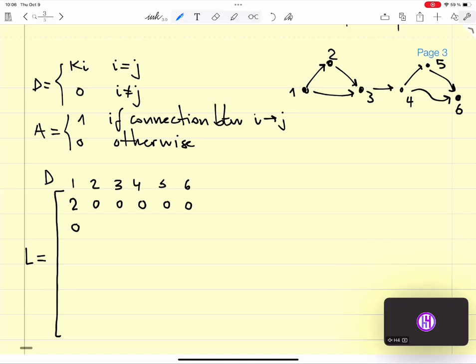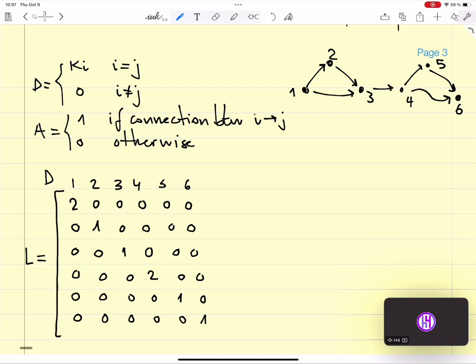How many neighbors does node 2 have? 1. The rest are zeros. Then 0, 0, 1, 0, 0, 0. For node 4 it is 0, 0, 0, 2, 0, 0. Node 5, 0, 0, 0, 0, 1, 0, and node 6, 0, 0, 0, 0, 0, 1. So this is for node 1, 2, 3, 4, 5, and 6.